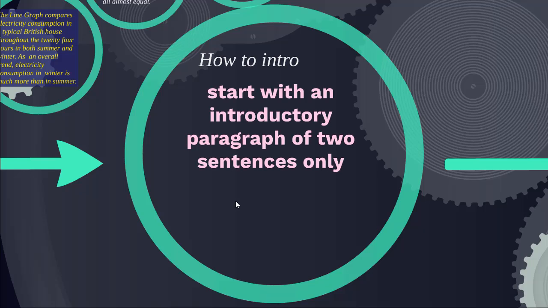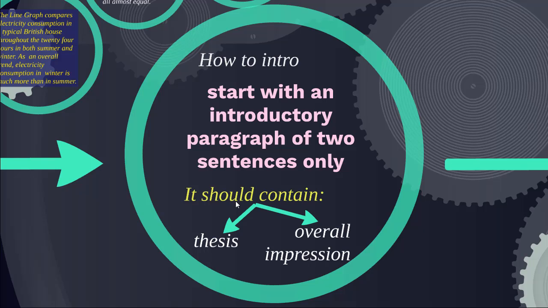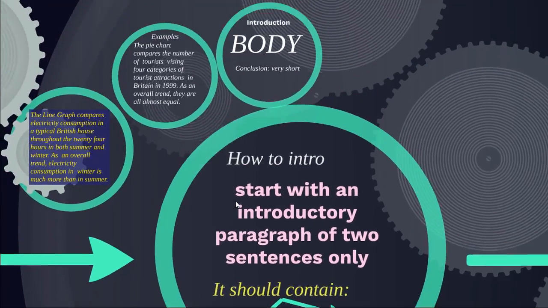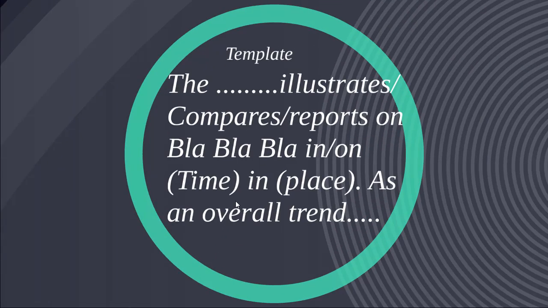You start your writing with an introductory paragraph of 2 sentences only. Do not add more than 2 sentences, okay? The paragraph should contain a thesis and an overall impression. This is the template. I encourage you to use this template in writing the introduction.